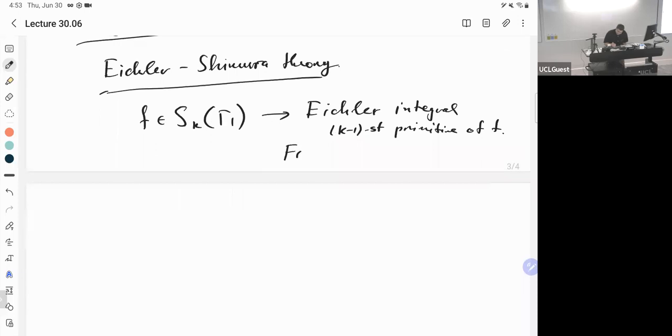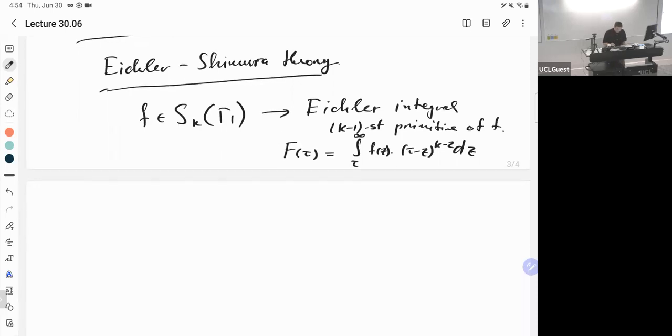So you define it in this way: the integral from tau to infinity of your function f of z times tau minus z to the power k minus 2 dz. There are some constants you have to put in front so that it's actually a primitive, but that's not too important. So that's just how you define this Eichler integral.